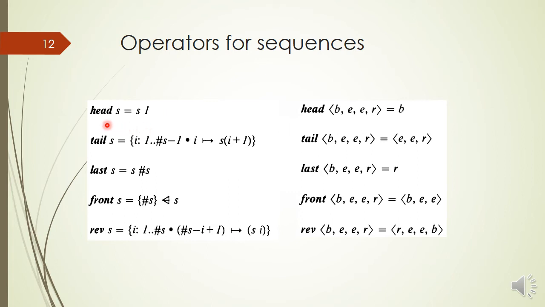The head operator for sequences basically returns the first value of the sequence. So you can say that whenever we pass index 1 in a sequence, we will get the head of the sequence, and the return type is a value, not a sequence.